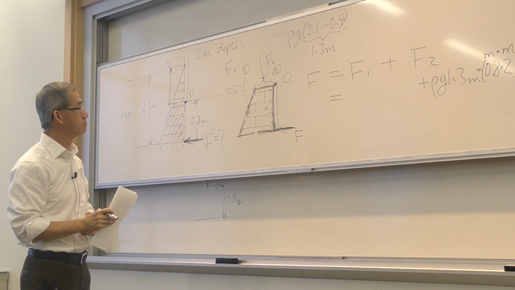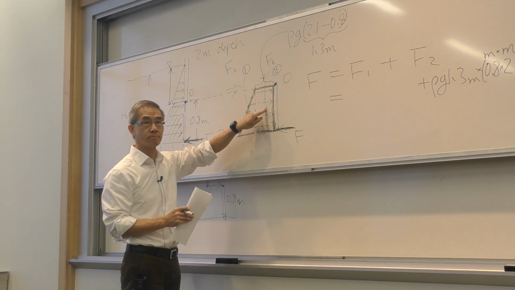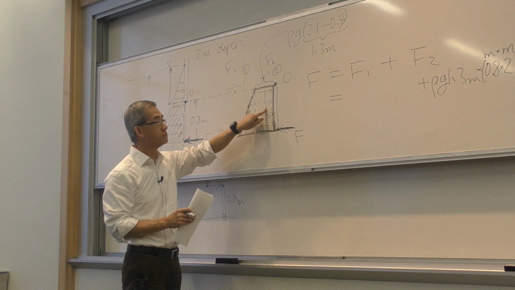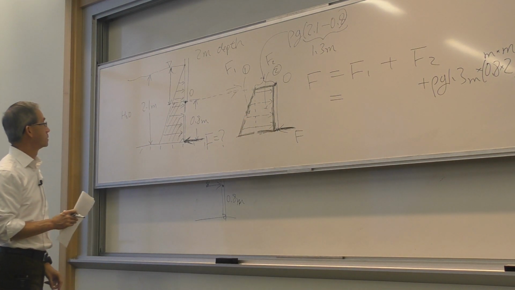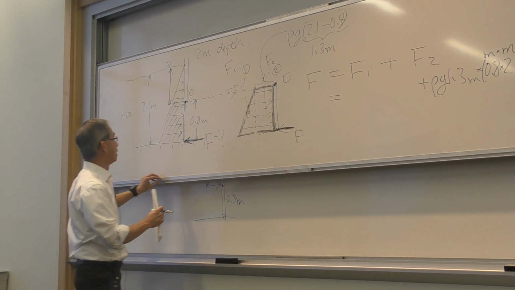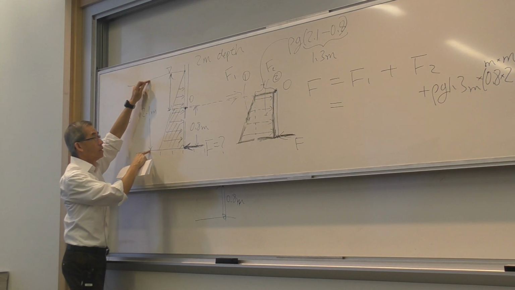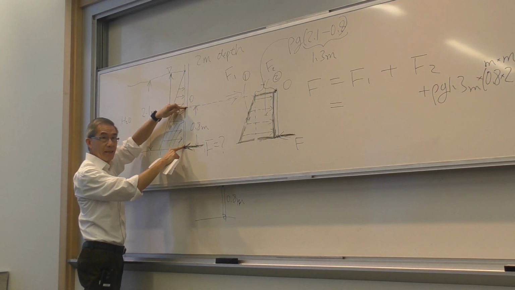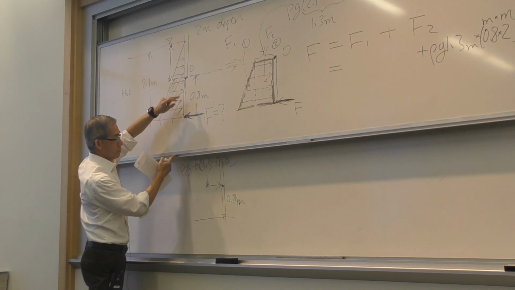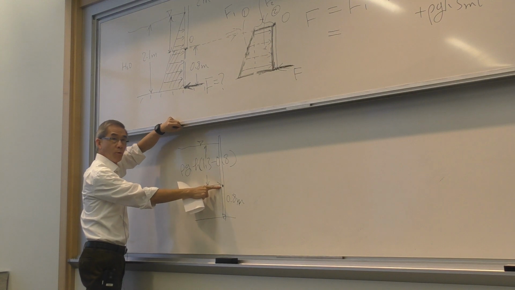Yeah. I'm just wondering why we're taking the height at the top of the rectangle rather than the centroid of the rectangle. Why is the height h 1.3 instead of 1.7, which would be the middle? This 1.3 comes about from the overall depth of the water minus the height of the gate because I'm interested in the pressure right at this point.